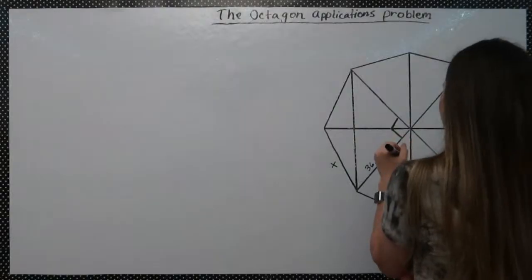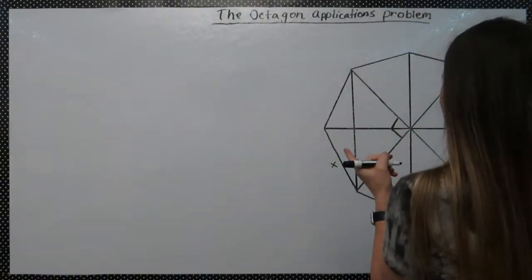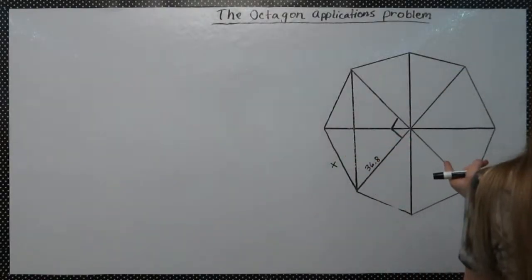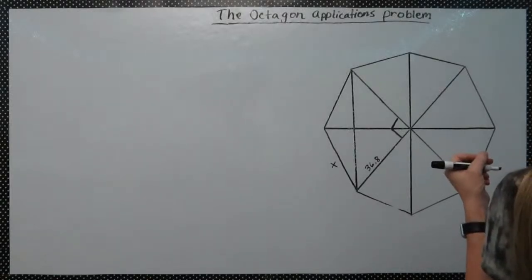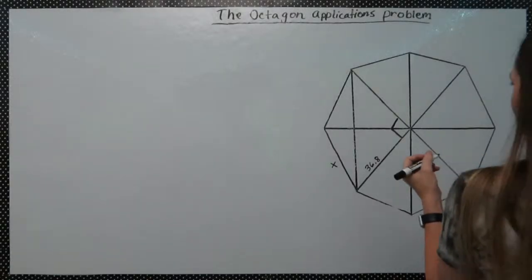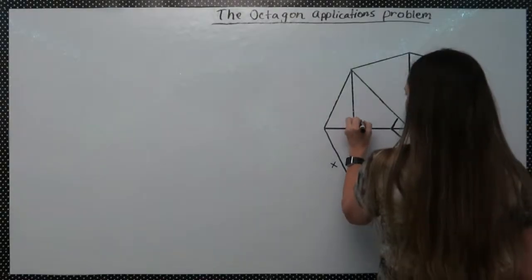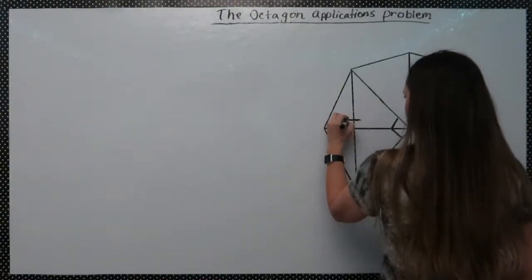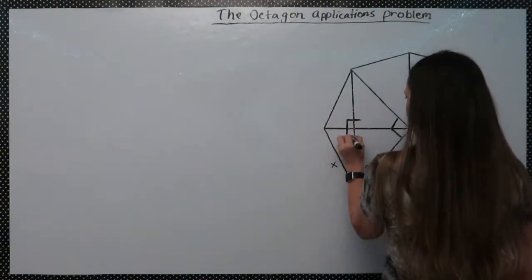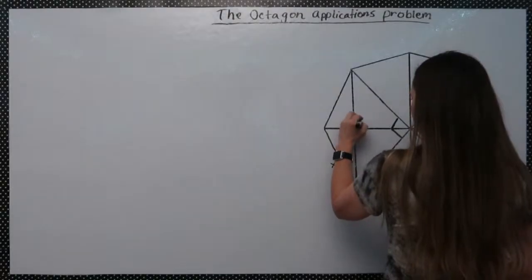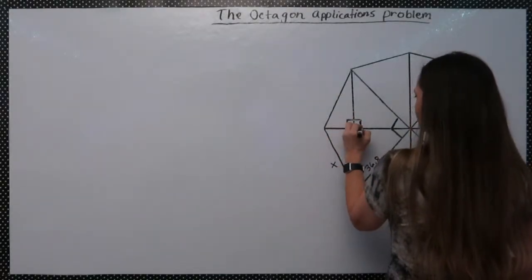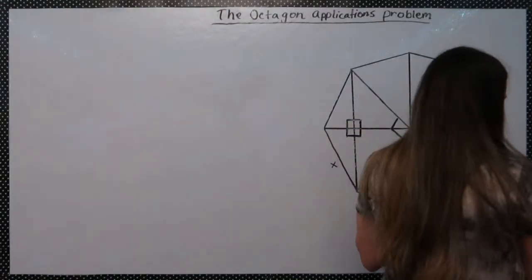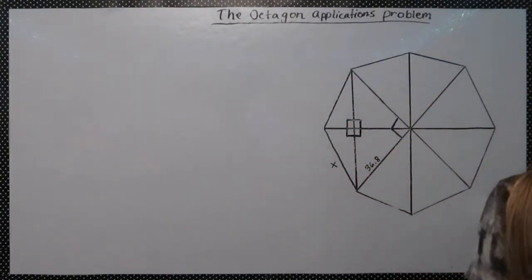So it turns out that I don't necessarily need all the values for the kite, because what I did was I split this one up. I think the main value from the kite that I used is the fact that all four of these angles here are right angles.